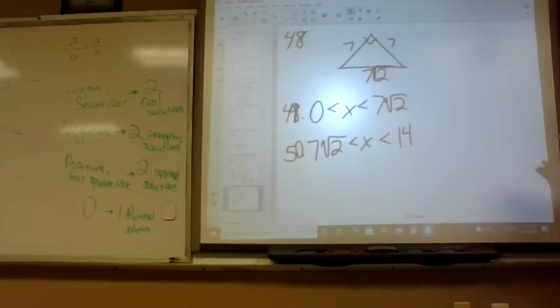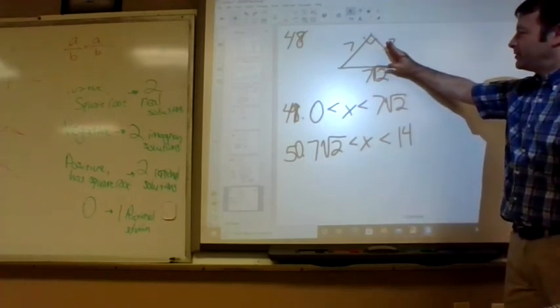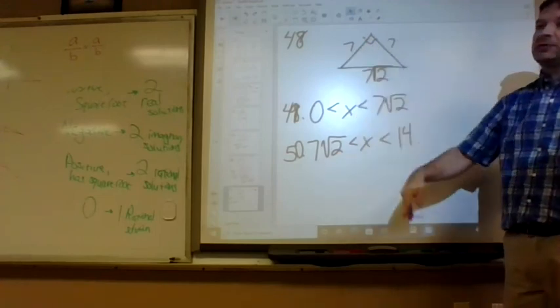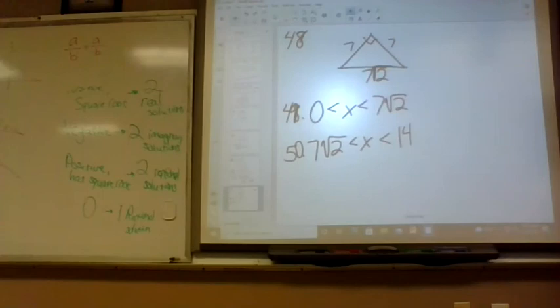On 52, how long would you have to make X so the segments don't meet? For them not to meet, they'd have to be farther than 14 apart, so these two wouldn't stretch far enough. So X would be greater than 14.